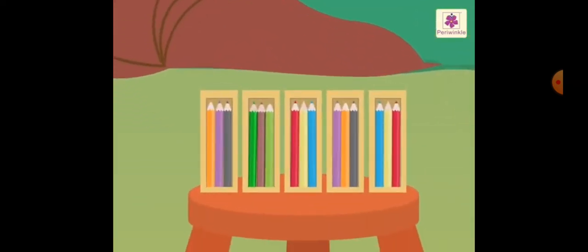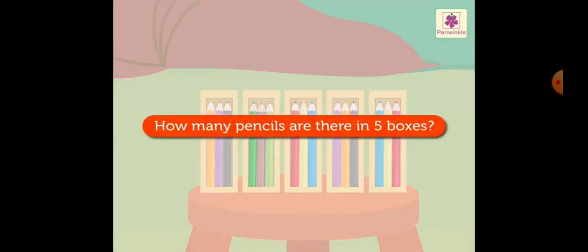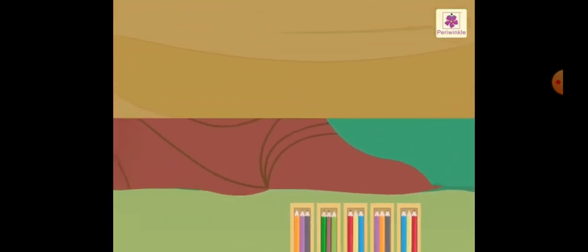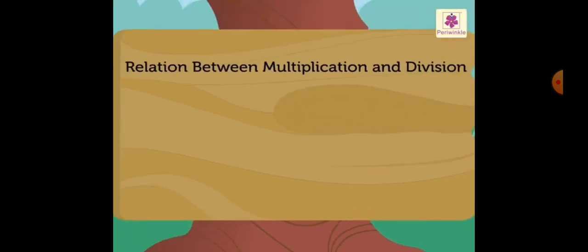There are 5 boxes, and each box has 3 pencils. In all, how many pencils are there in 5 boxes? To get the product, we multiply the numbers 5 and 3. 5 into 3 is equal to 15.